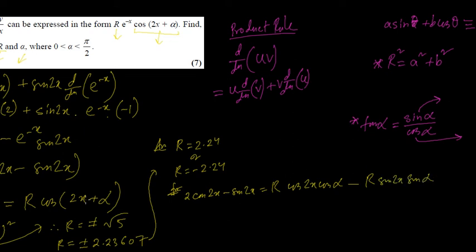That's the formula of cos a plus b. So let's compare now. We need tan alpha, which is sine alpha by cos alpha.